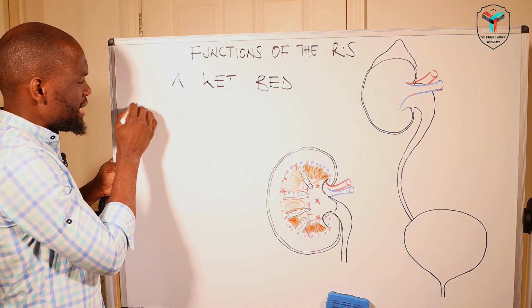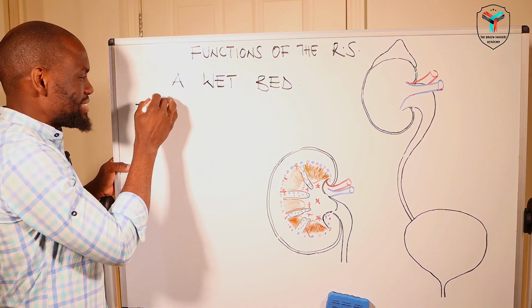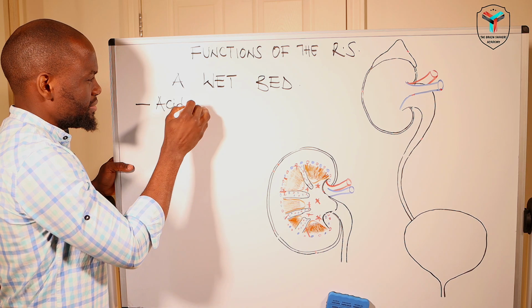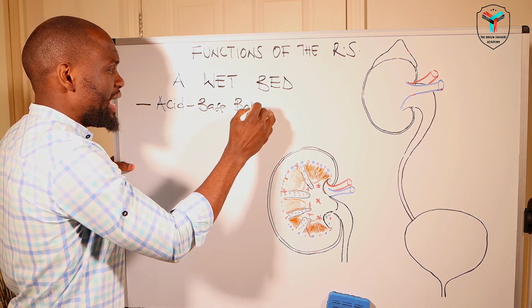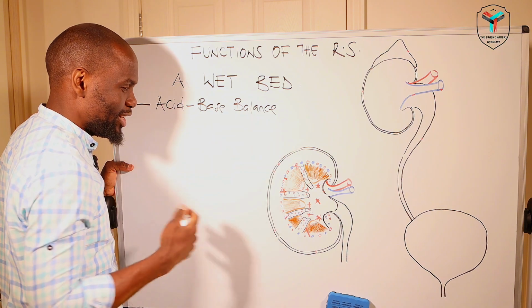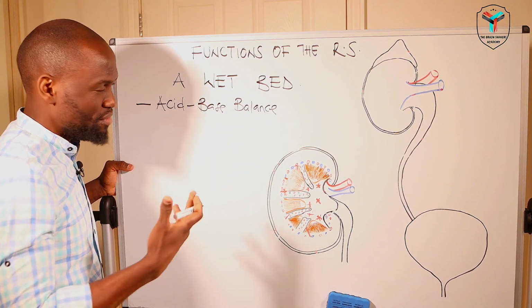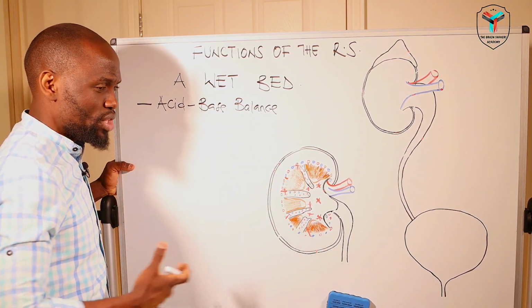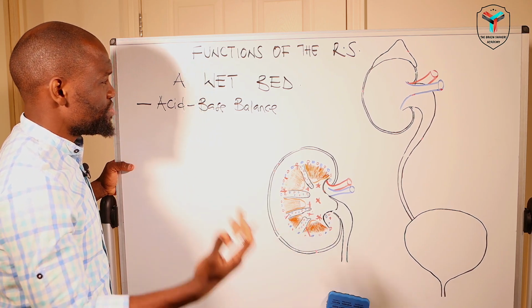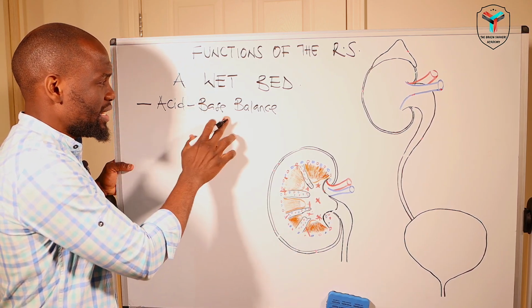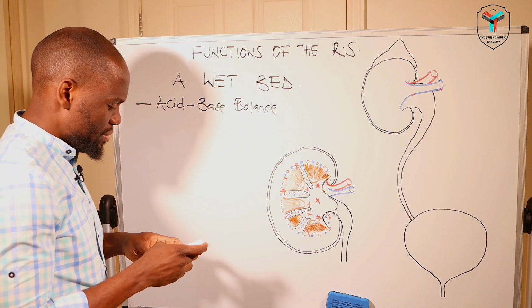Now, the A here is acid-base balance. Because we are talking about maintaining homeostasis, which is a state of balance for the human body to function correctly and survive, you need to create an acid-base balance. What are we talking about?